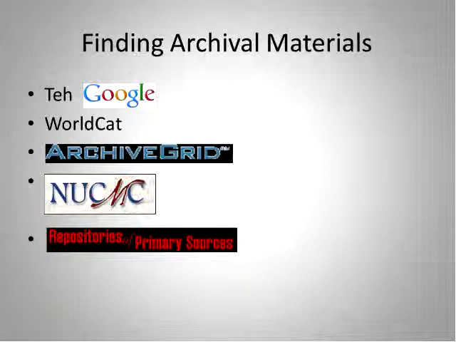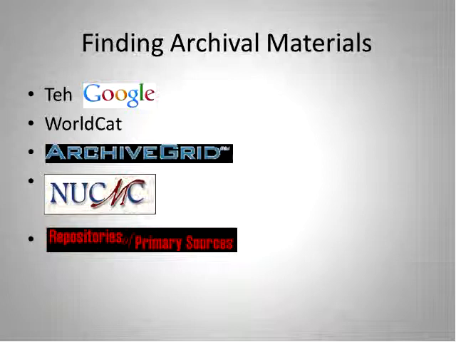This is not a full text database. That is, it doesn't link you to the archival material. It links you to finding aids that are kind of the indices of archival collections, and our next lecture will be talking about how to read an archival finding aid.